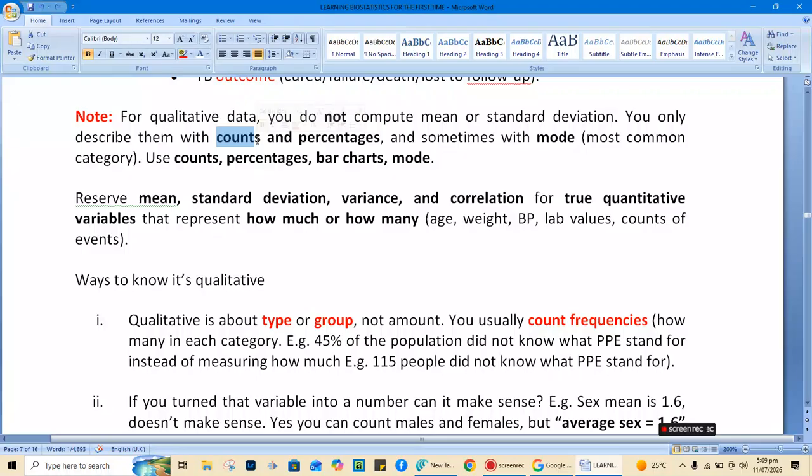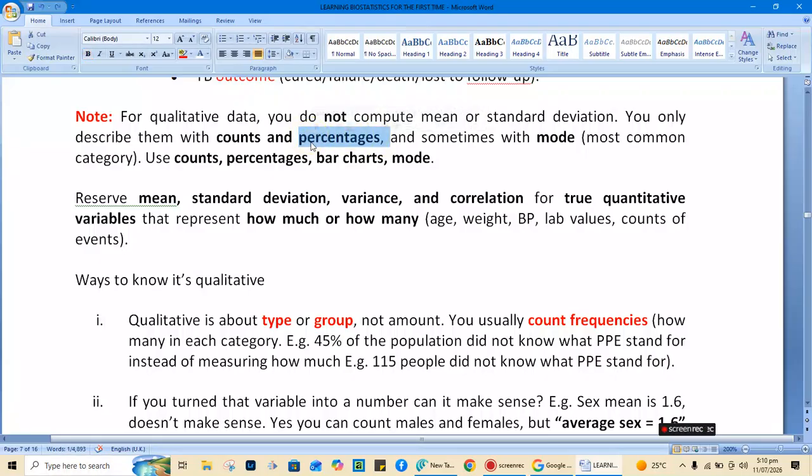Okay, so if you count the number of people that are there, maybe 16 females, 8 males, just by counting you haven't done anything to it. That is qualitative data. And if you take the counts that you have and turn them into percentages, there are 24% females in this study compared to males. That percentage is just showing you the distribution.